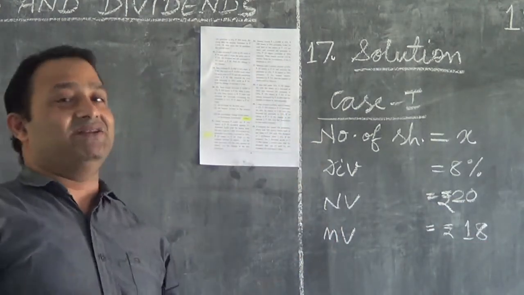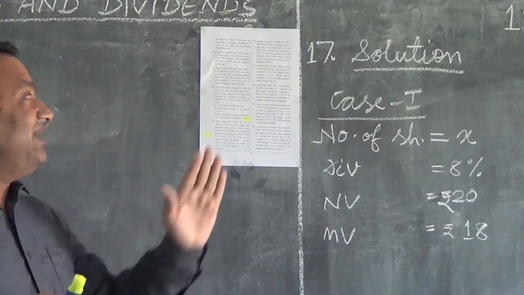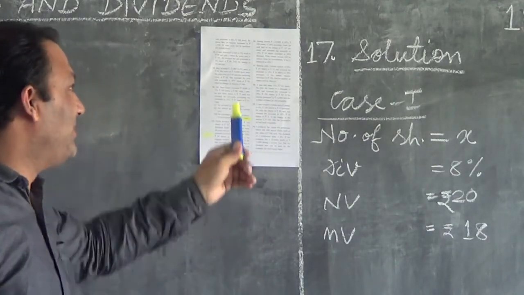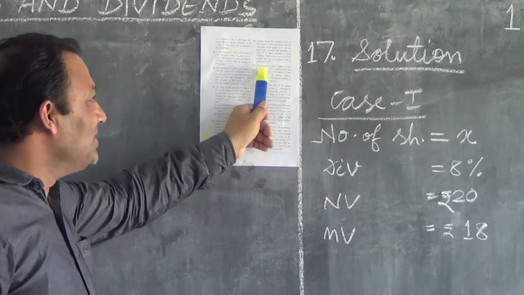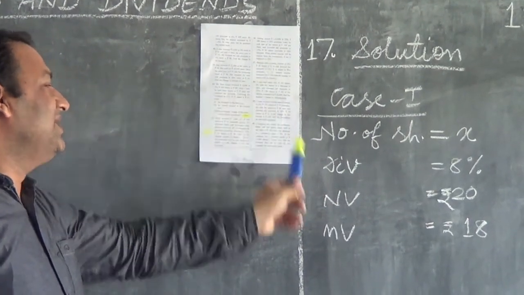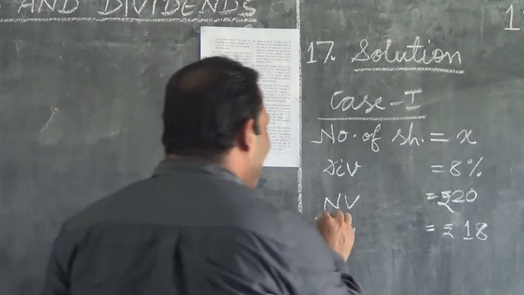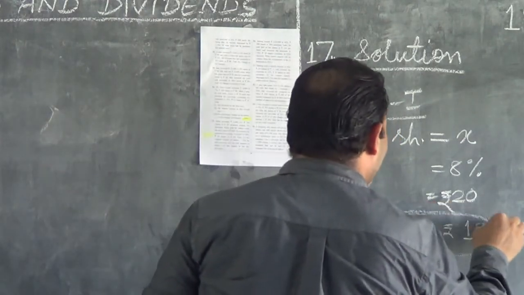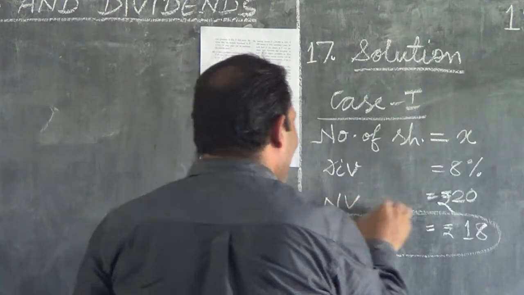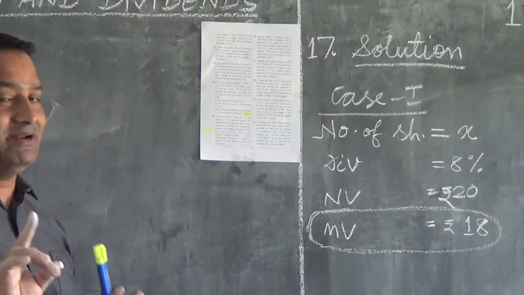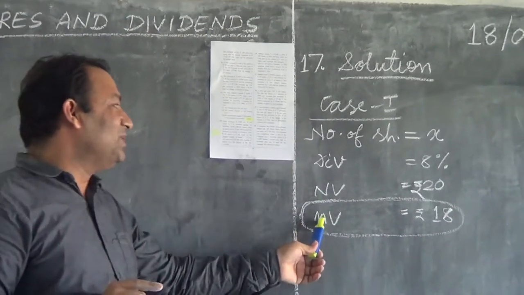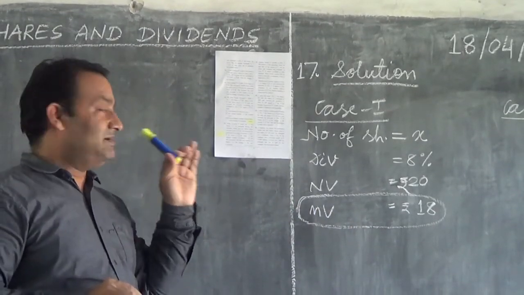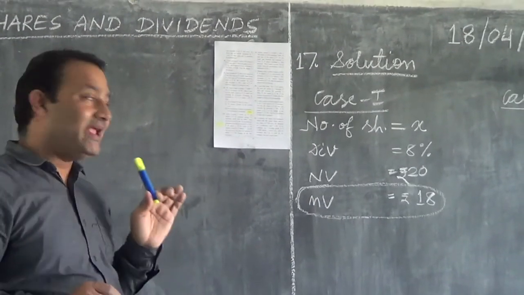Dheeraj had some shares. When he purchased, at what price he purchased, we have no information in the question paper. But he sold the shares at rupees 18 each. So this market value 18 rupees each will be used to calculate the sale proceeds, not to calculate the investment.